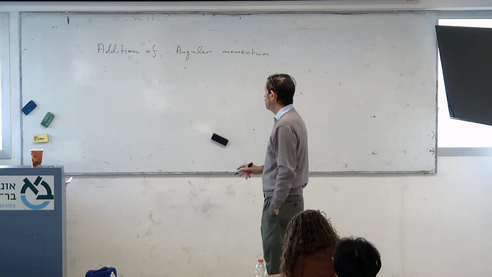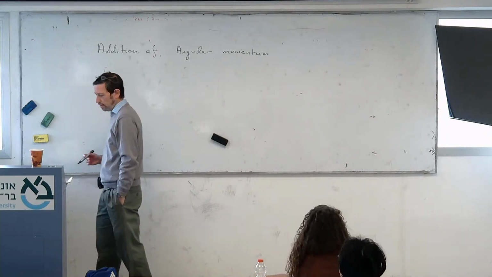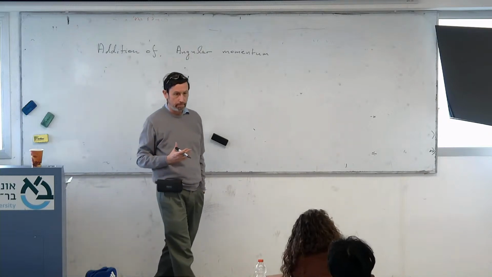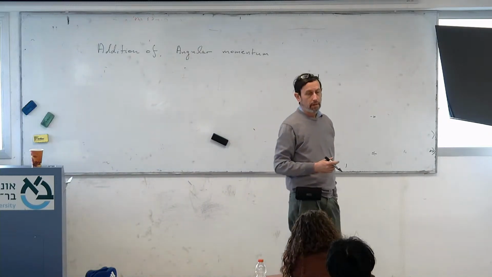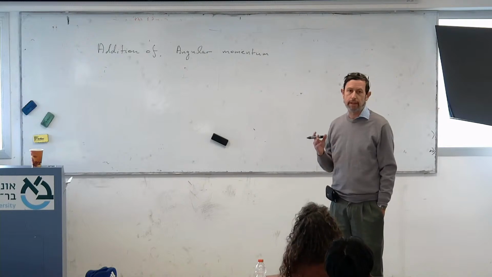So basically, I would want to start with an example. Let's say we have 2 spin half particles.